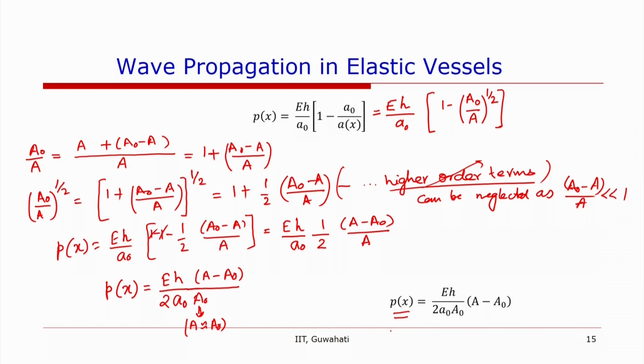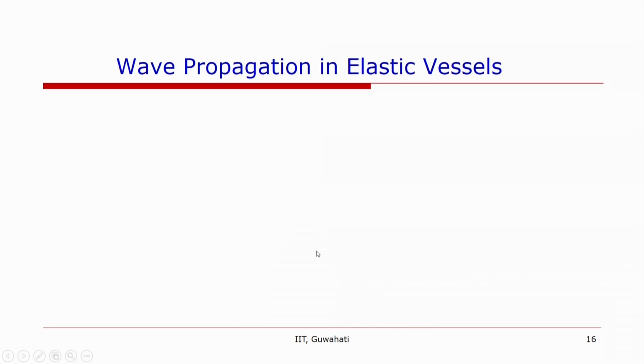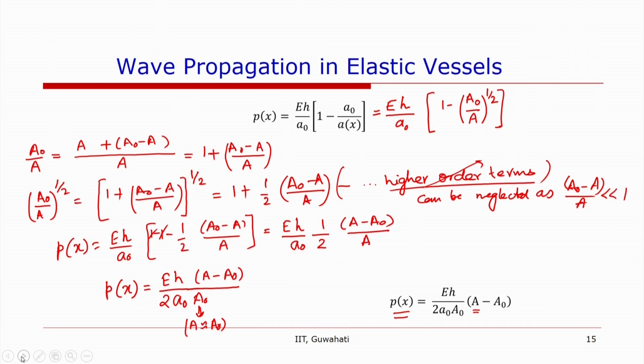That is the relationship between pressure and the area that is coming from the solid mechanics, and we can double differentiate this equation. Actually, the equation Px is equal to EH by 2 A naught, capital A naught.